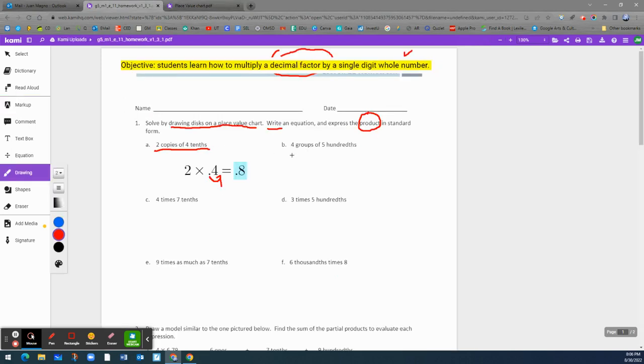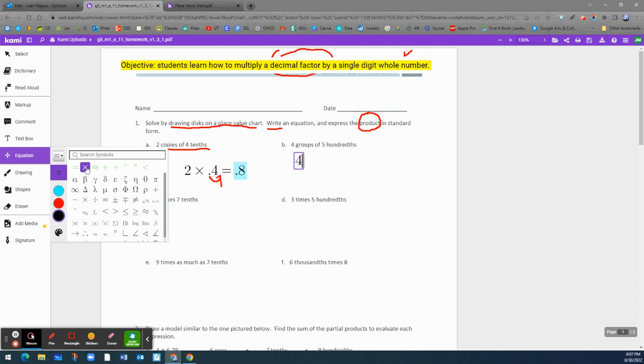And now we're going to write the multiplication on this page. So 4 times 500. Remember, 500 is written as 0.500, and the total on the place value chart is 0.20 hundredths.